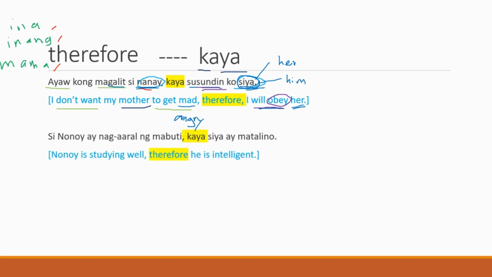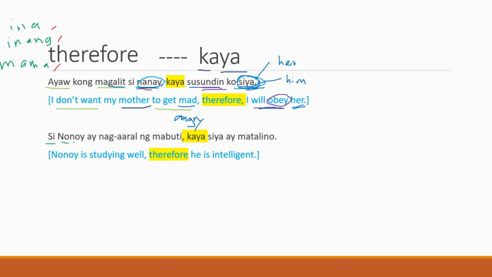Another example is, si Nonoy ay nag-aaral ng mabuti, kaya siya ay matalino. Nonoy is studying well, therefore he is intelligent. So this kind of sentence shows a cause and effect type of scenario. So let's take it one more time.